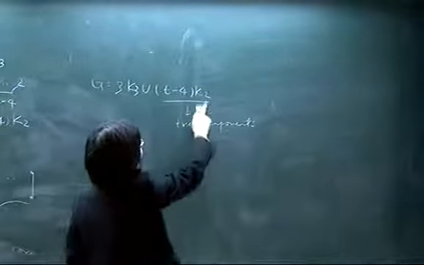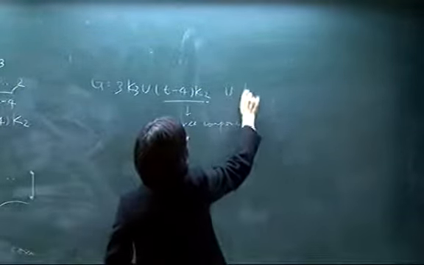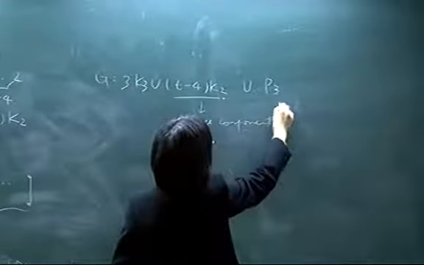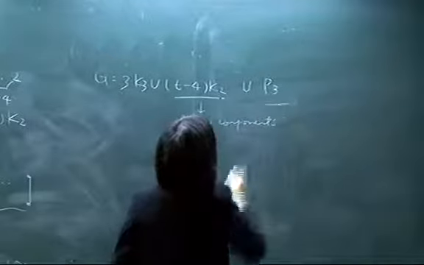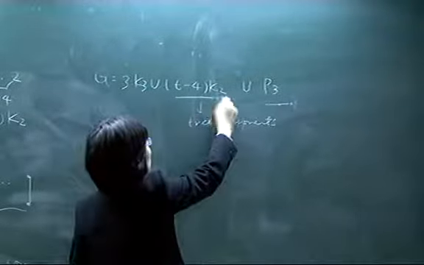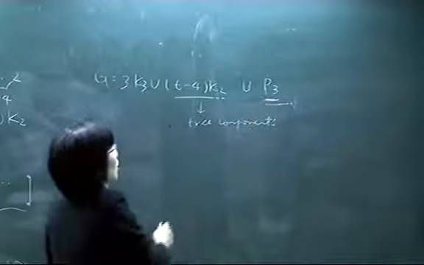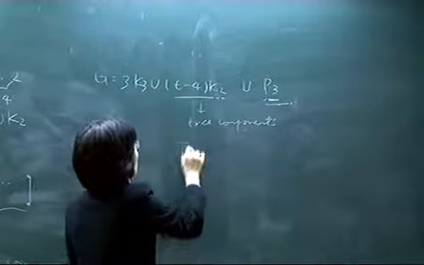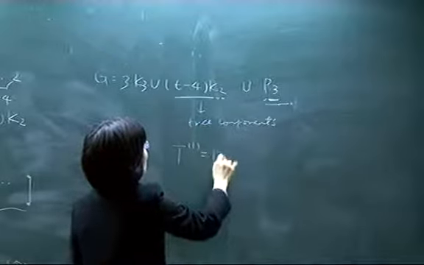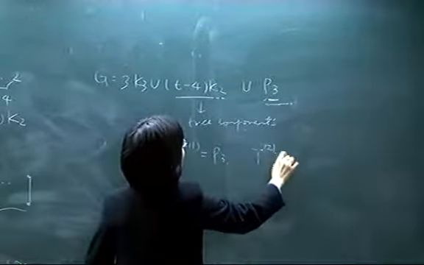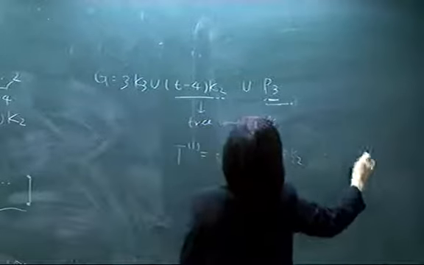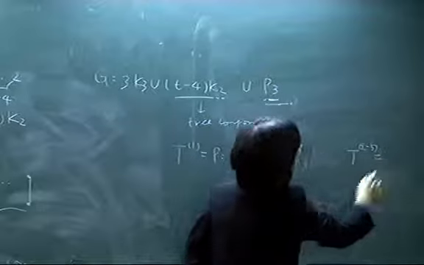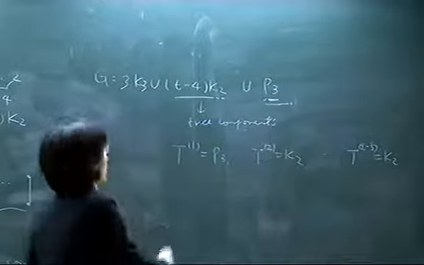Well, actually this is not that good. Maybe I can say P3. Okay. So then you have tree components, K2 and P3. And that one has order 3, the others have order 2. So then you say T1 is P3, and T2 is K2, and T minus 3 is K2. That way.